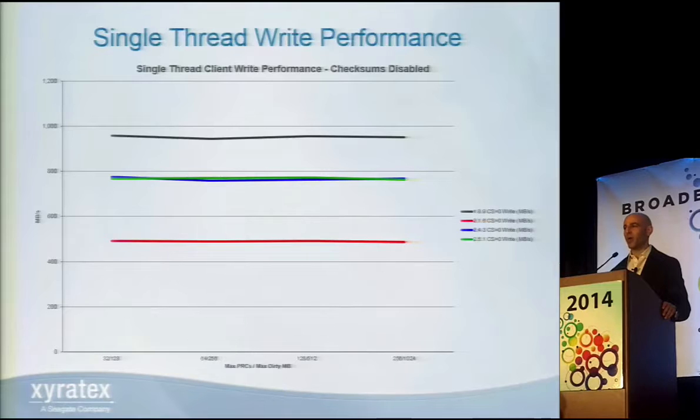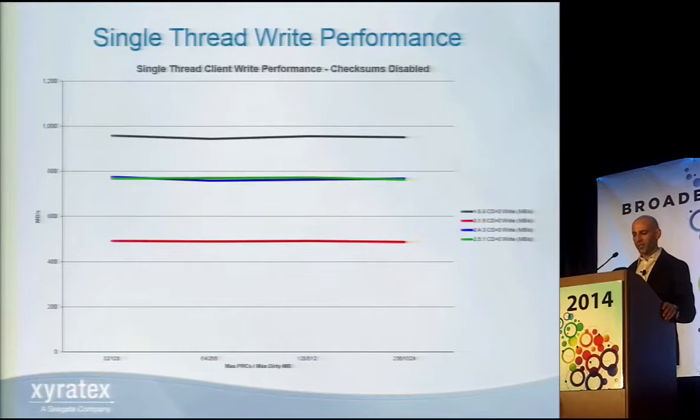The red line at the bottom was the 2.1.6, and the overlapping lines in green and blue were 2.4.3 and 2.5.1. So the key takeaway is that 1.8.9 single thread performance is still far better than the client versions that I benchmarked. But the positive takeaway is that 2.4.3 and 2.5.1 vastly improved in performance compared to the 2.1.6 client code.